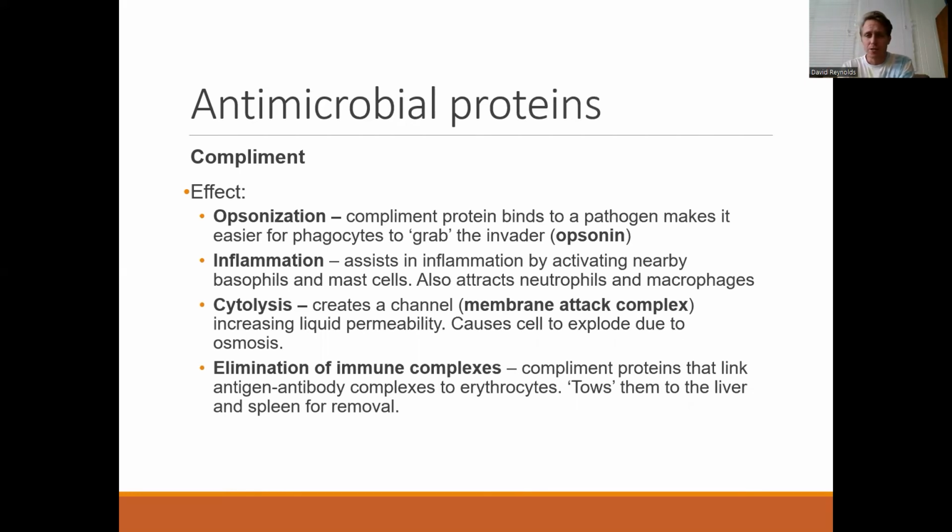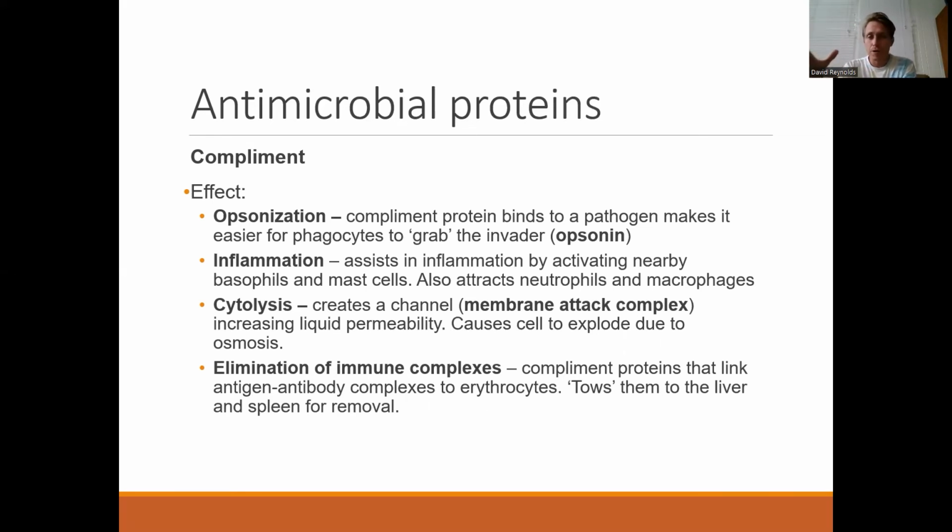These opsonins attach to the foreign pathogen, and they are easier for your phagocytic immune cells to recognize than just a normal antigen on a foreign substance. So it makes it easier for these cells to phagocytize that cell because it's more easily recognized than a regular antigen of a foreign pathogen. They're just assisting phagocytosis there.